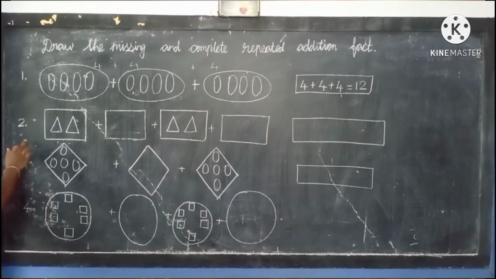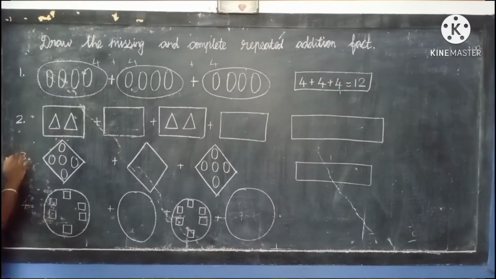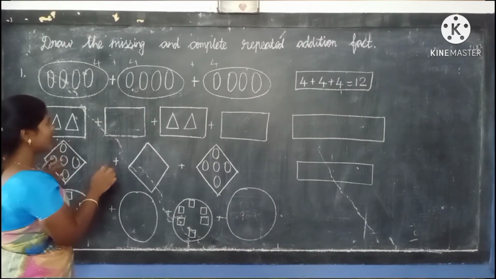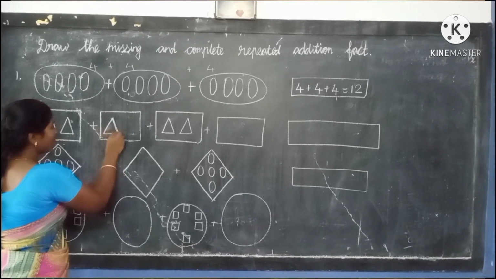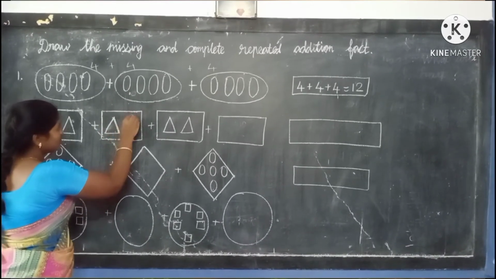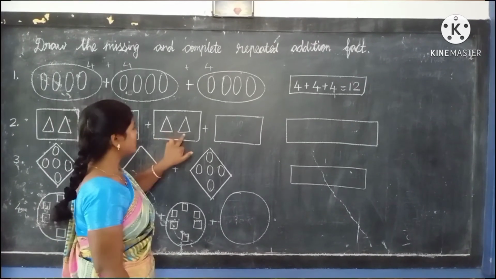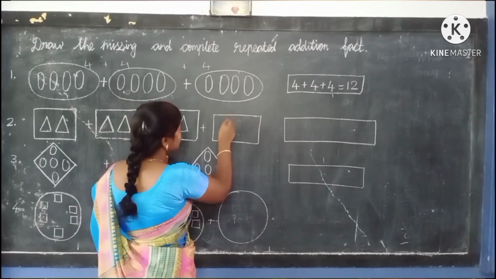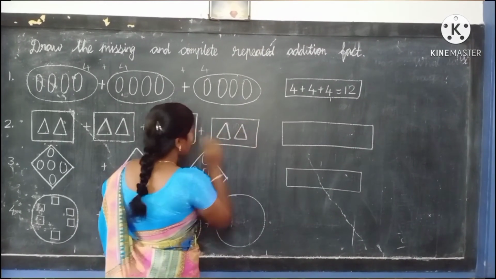Next, the second one, see here. Given 2 triangle shapes. Here missing. So we have to draw. How many?